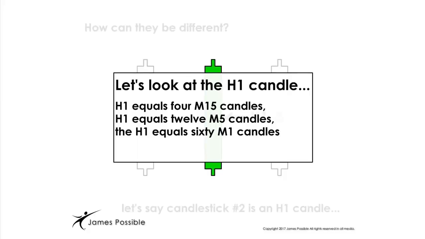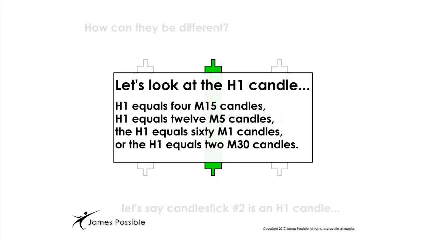Now if we take it down further, every hour has 60 minutes in it, so an H1 candle would represent 60 M1 candles. And in MT4 by default you have the M1, the M5, the M15, and also the M30, which is a 30-minute candle, and an H1 candle would equal 2 M30 candles.